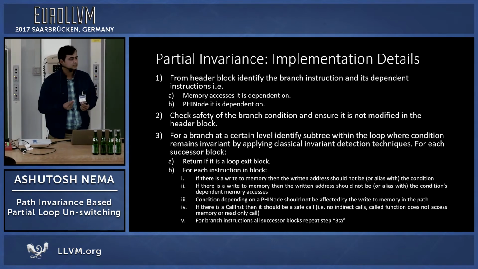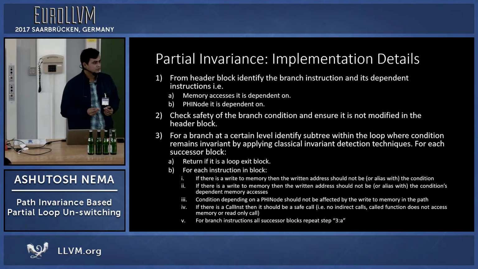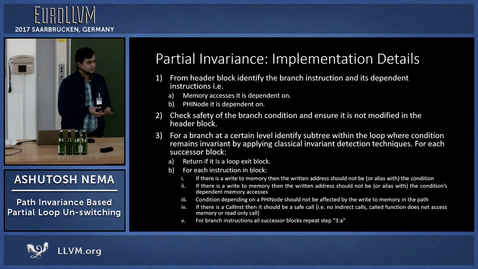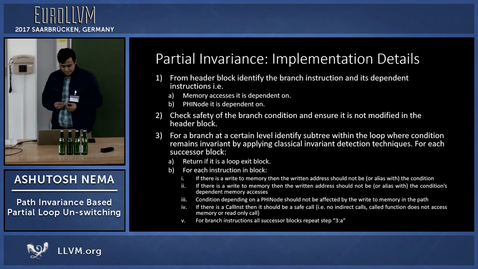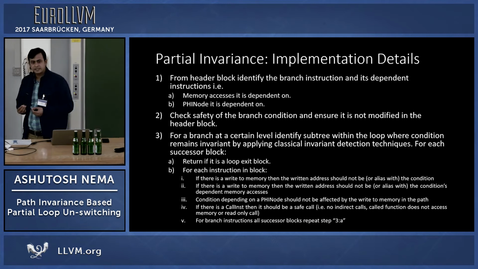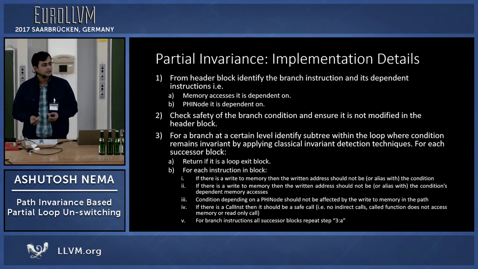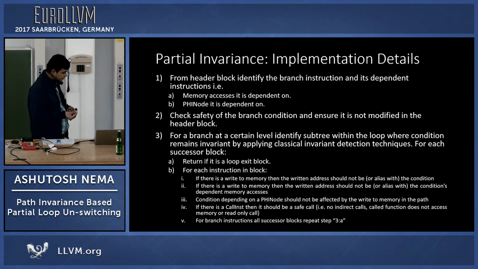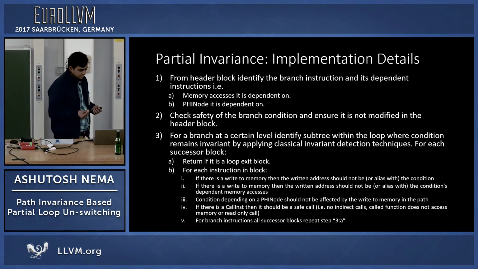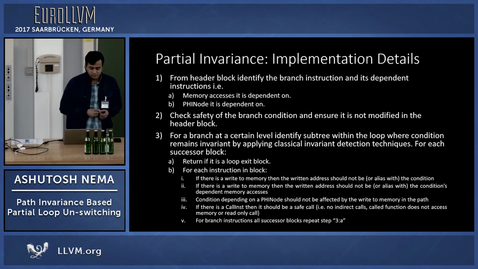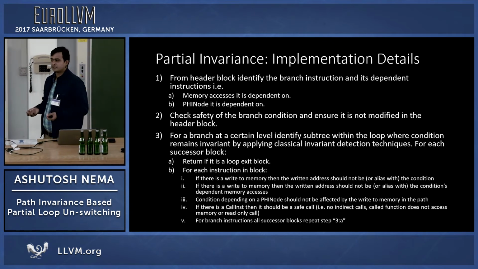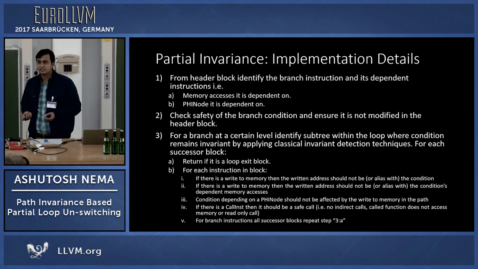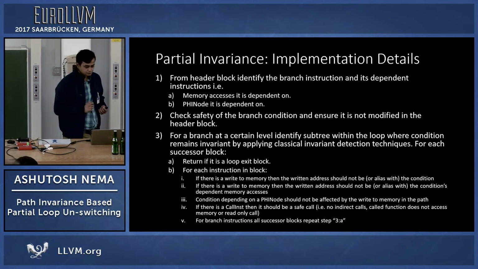The dependent instructions could be memory accesses or a phi node. We'll preserve these memory accesses somewhere. In the second step, we check whether the condition is really getting modified in the header block, and whether it is a safe condition or not. If it's getting modified, it is not an invariant condition. It is a variant condition.